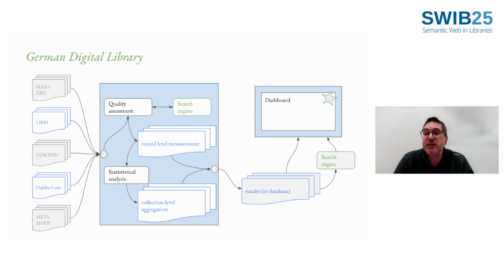DDB accepts several metadata schemas. In the current phase, we worked with Dublin Core and LIDO, but this is a special Dublin Core adapted by DDB. The tool analyzes each record, then aggregates the results, and finally displays them in a dashboard.